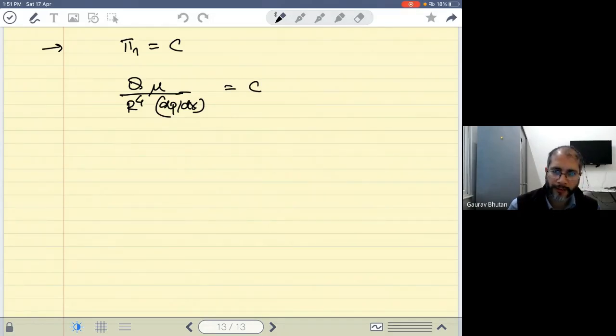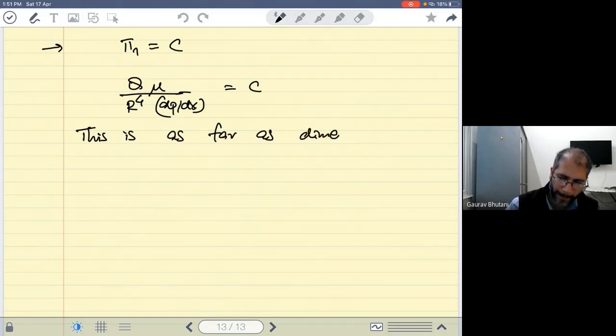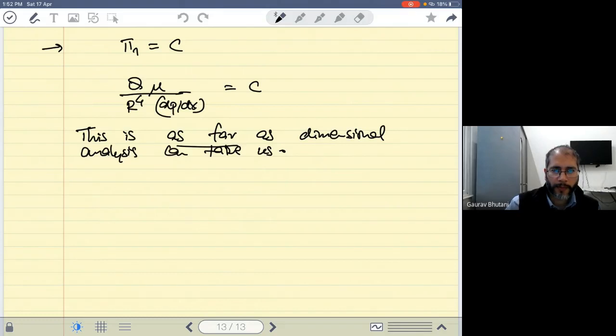Okay, again, this is as far as dimensional analysis can take us. Okay, we cannot find the value of C, but at least we can find that this ratio is simply a constant.